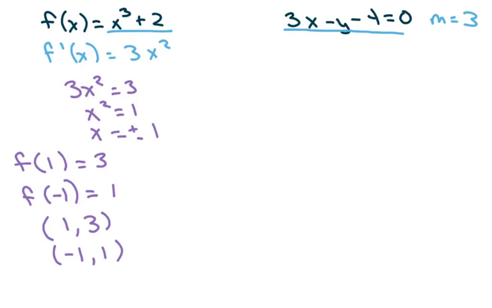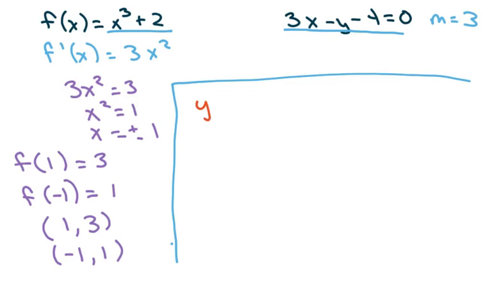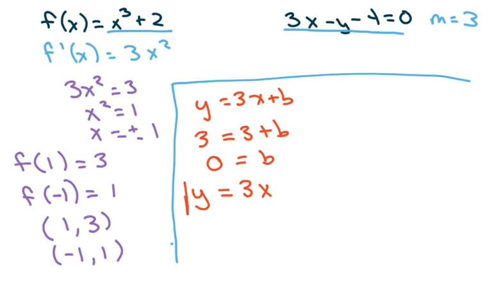Now we're going to write our equations. We have y equals 3x plus b. Plug in 1 and 3, so we get 3 equals 3 plus b, so b is 0, and our equation is just y equals 3x.